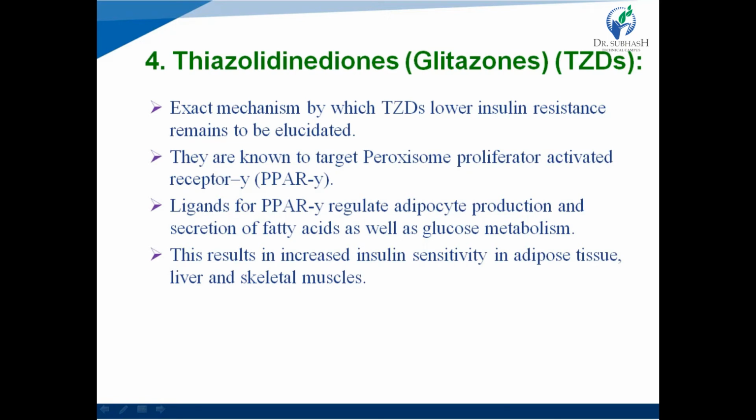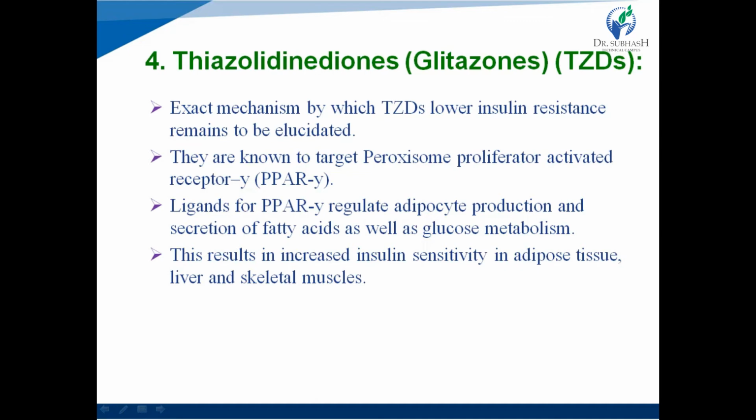Fourth class is thiazolidinediones, also known as glitazones or TZDs. The exact mechanism by which thiazolidinediones lower insulin resistance remains to be elucidated, meaning it is not clear. They are known to target PPAR-gamma, meaning peroxisome proliferator activated receptor gamma. Ligands for PPAR-gamma regulate adipocyte production.